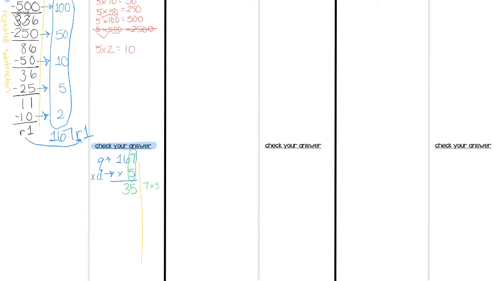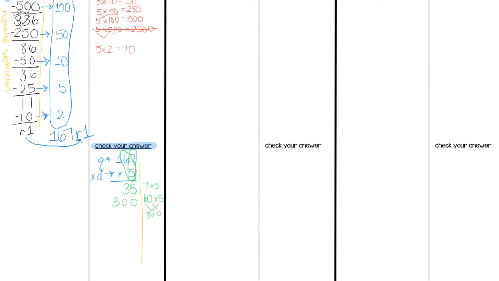Next, I have my 10's times my 1's. 60 times 5 is, well, 6 times 5 is 30. And then we put one more 0 there. So that would be 300. And we're making sure that we're lining up our 1's and our 10's.